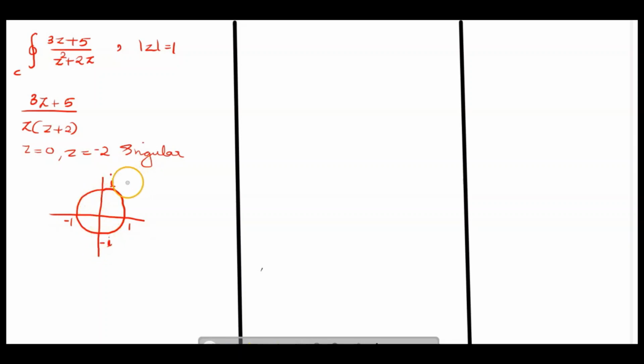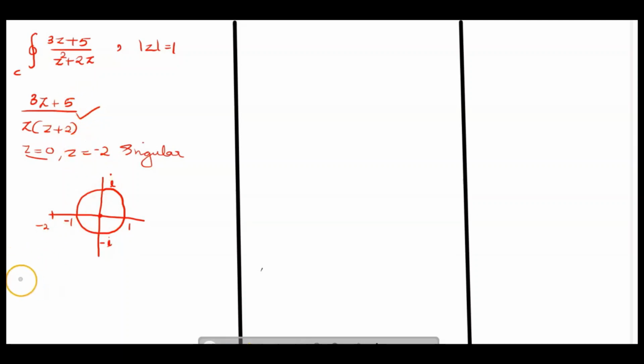Z equal to 0 is inside the circle, but z equal to minus 2 is outside the region. So z equal to minus 2 is not a singular point inside this region. So z equal to 0 is the only singular point of this function.